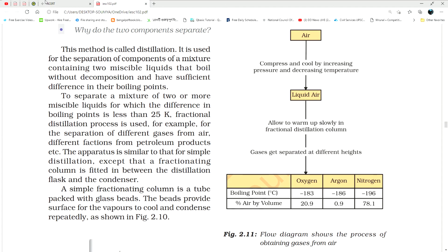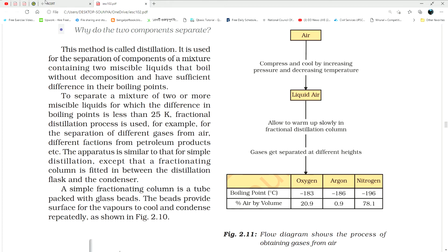To separate a mixture of two or more miscible liquids for which the difference in boiling points is less than 25 K, the fractional distillation process is used, for example, for the separation of different gases from air, and different fractions from petroleum products, etc. The apparatus is similar to that for simple distillation except that a fractionating column is fitted in between the distillation flask and the condenser.